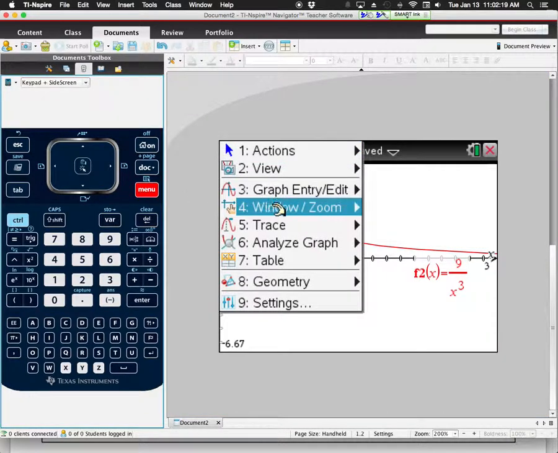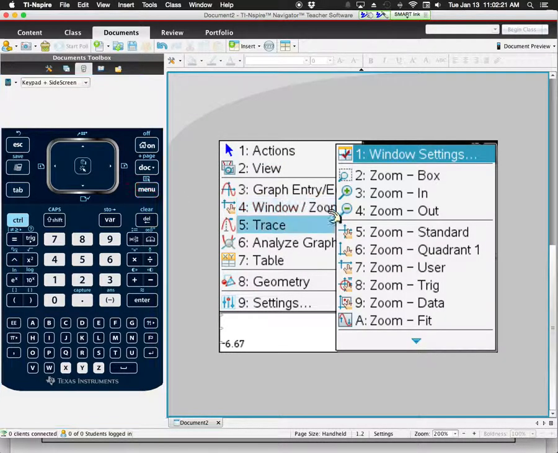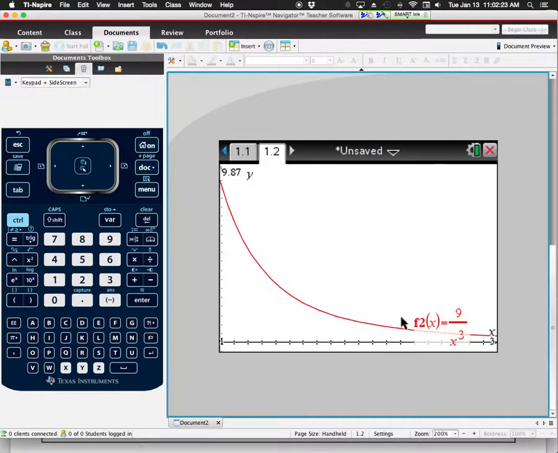Okay, we always want to go back and do zoom fit. All right. So now what can I do to verify what I found is correct? I can plug something in that will give me the 2. That's what I want to do.